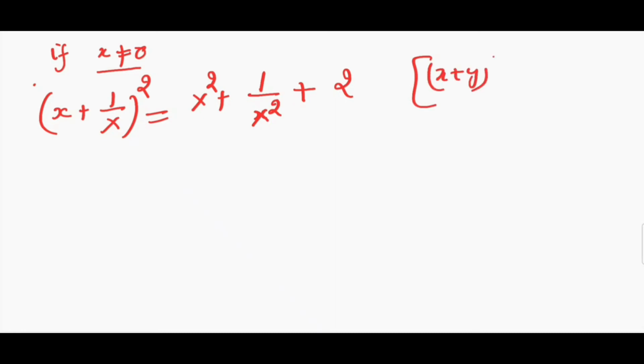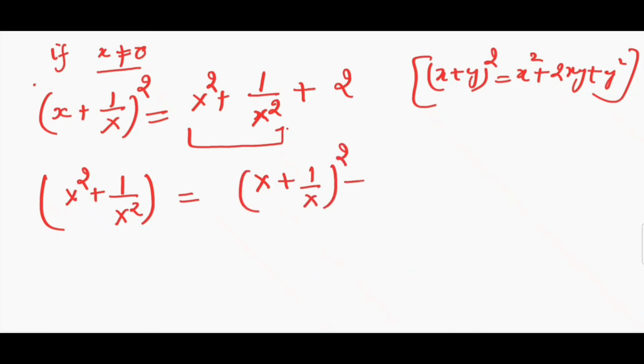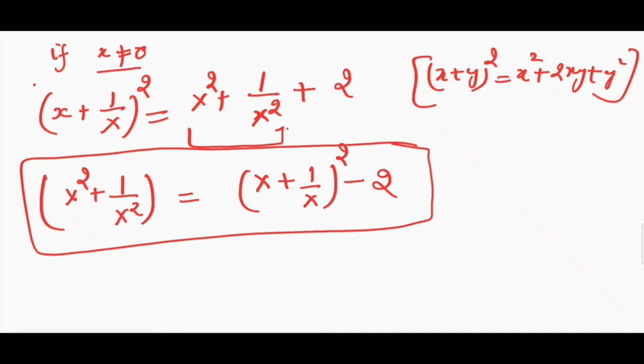The (x + y)^2 identity, which is x^2 + 2xy + y^2. So from here we find that x^2 + 1/x^2 = (x + 1/x)^2 - 2. This also you remember.